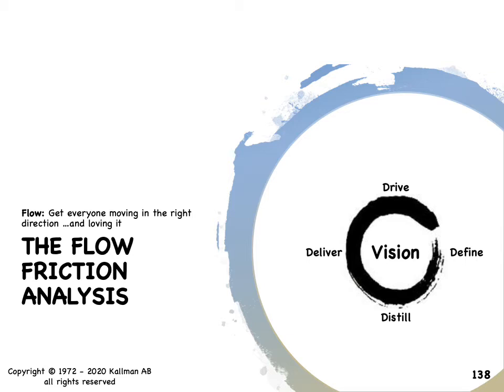I coached both of our Scrum Masters and Agile coaches on here's how you use the flow friction analysis in real life, in real time, to keep the team on track, moving the right direction, and to quickly identify, using it as a root cause tool, issues that are popping up. If you recognize those things happening, you are able to quickly step in, fix it, and get the team back on track.